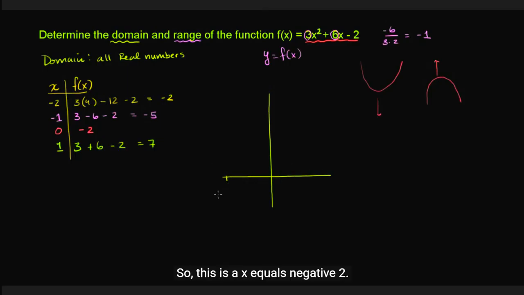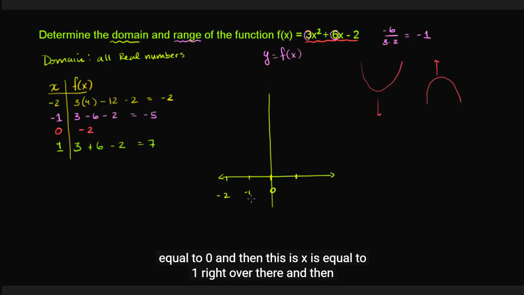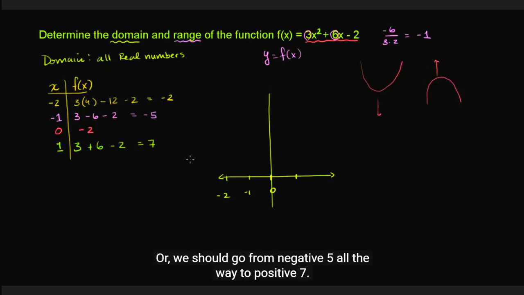So this is x equals negative 2. Let me draw the whole axes. This is x equal to negative 1. This is x equal to 0. And then this is x equal to 1 right over there. And then we should go from negative 5 all the way to positive 7 on the y-axis.